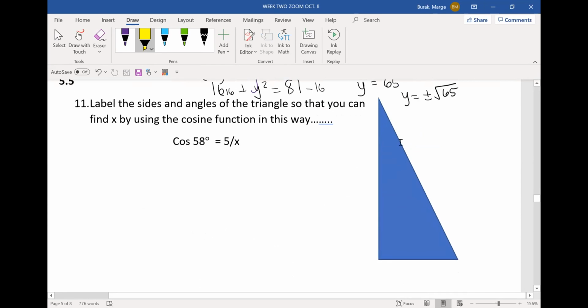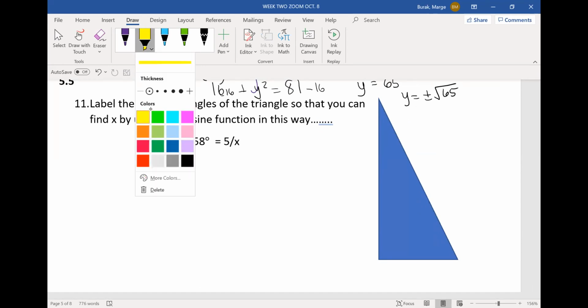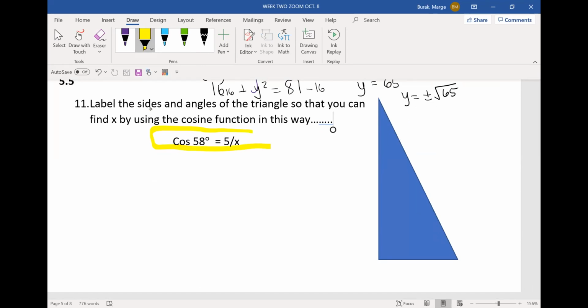Label the sides of the triangle so that you can find x using the cosine function and this equation. I'll give you a hint. This one's 90. One of these is going to be 58.